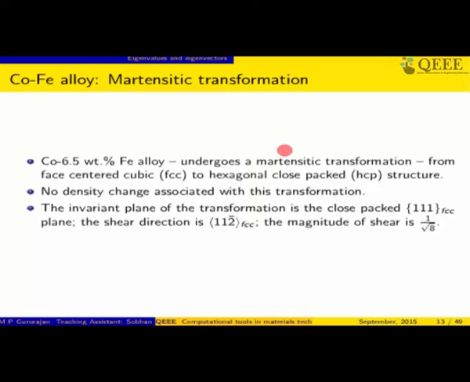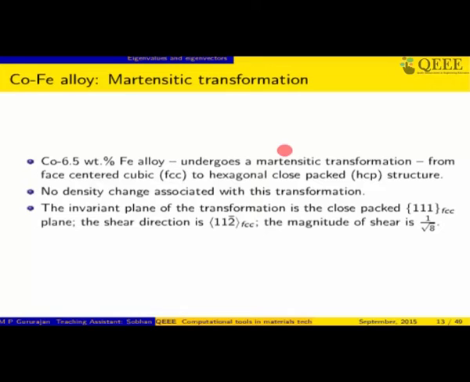The first Bain distortion we were talking about was an FCC material undergoing a martensite transformation to a BCC structure. But cobalt 6.58% iron alloy undergoes a martensitic transformation in which it goes from face-centered cubic to hexagonal close-packed structure. There is no density change associated with this transformation. What does that mean?